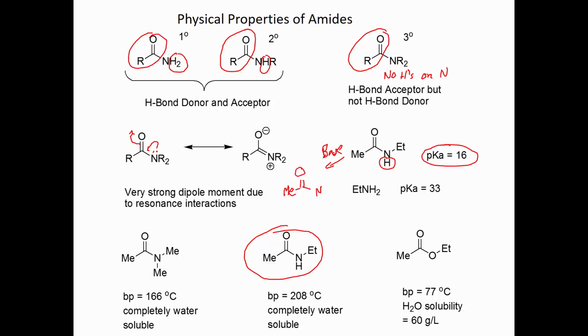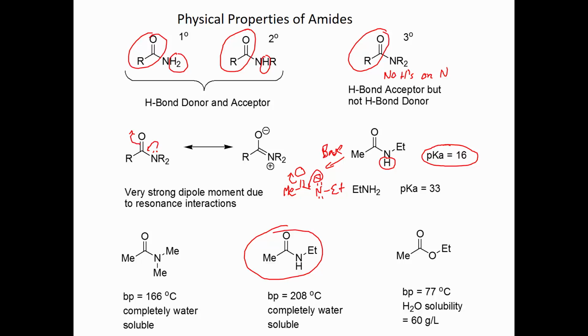We're going to make the anion. It's going to have 2 lone pairs at nitrogen. We can delocalize the negative charge onto oxygen through that type of resonance interaction. That's quite stabilizing. It's totally analogous to the resonance interaction we saw in carboxylic acids and carboxylate anions.